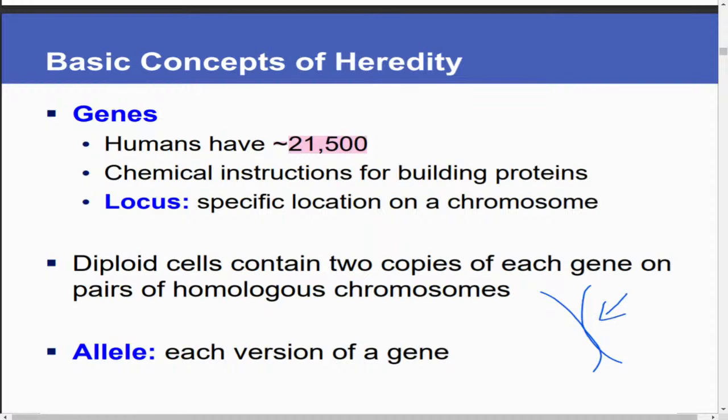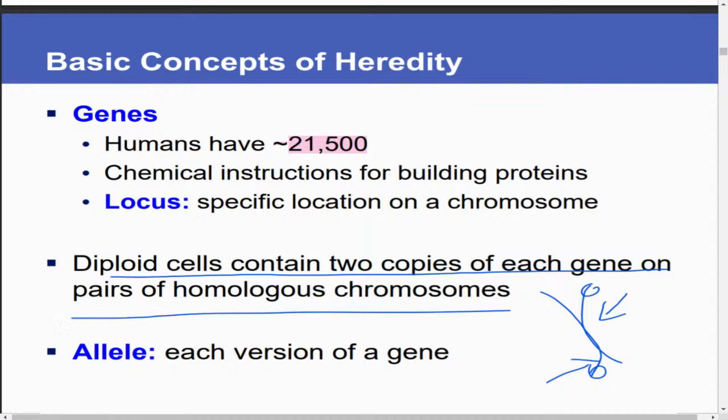This is one gene, and this is another gene. This one and this one. This chromosome is homologous to this chromosome, containing a diploid, which are called the diploid cells.